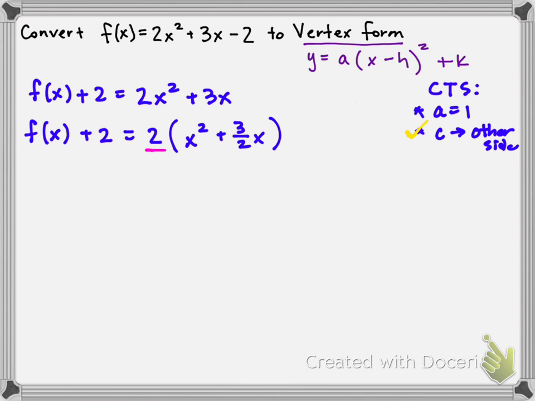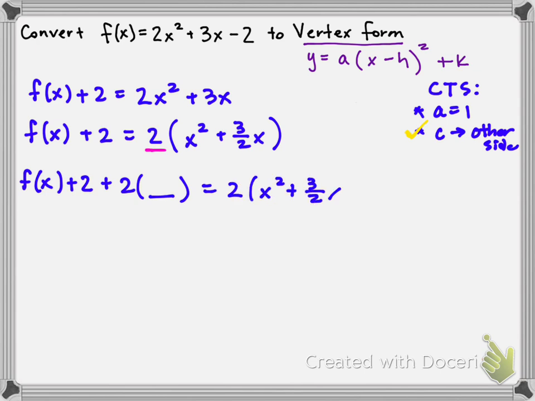So the next step is we're going to write the plus blanks. So f of x plus 2 times blank is equal to 2 times x squared plus 3 halves x plus blank. Notice this 2 times the blank and this 2 times the blank are now equal statements. Everything I've done to the left, I've done to the right.